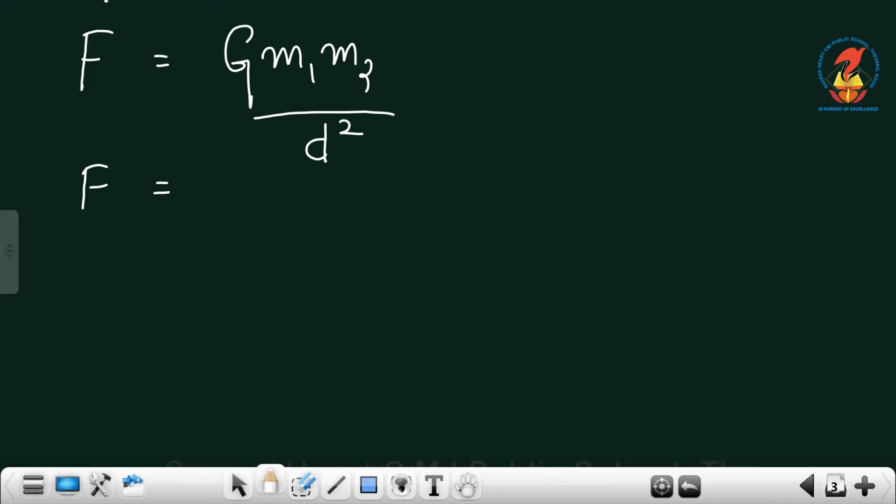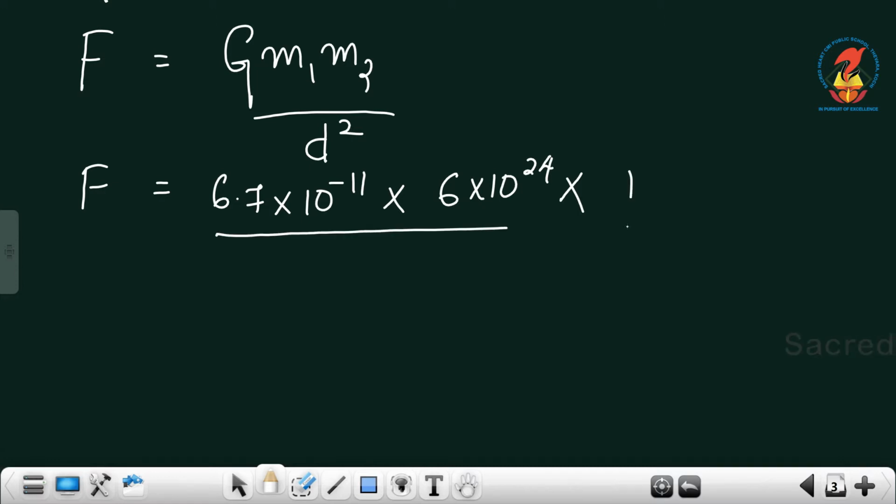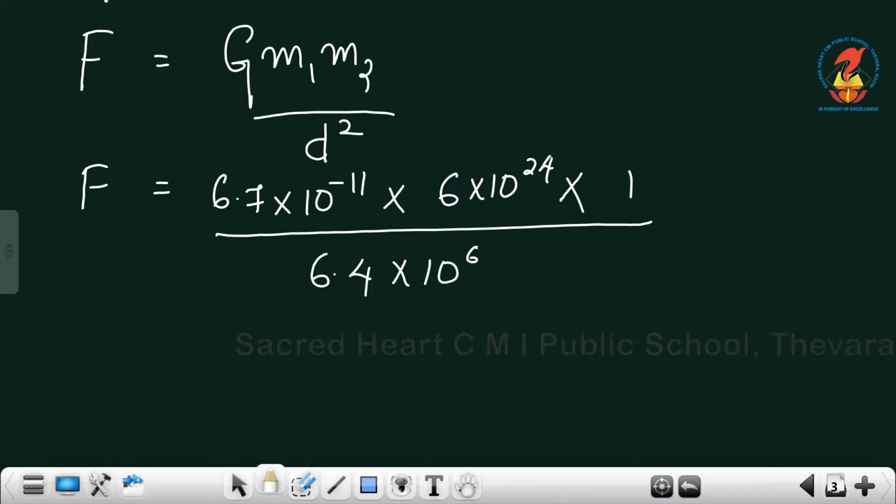Into the mass of the first object, that is our earth, 6 into 10 raised to 24, into the mass of the second object, 1 kilogram, divided by the distance between the earth and the object, that is the radius of the earth, 6.4 into 10 raised to 6 meters.